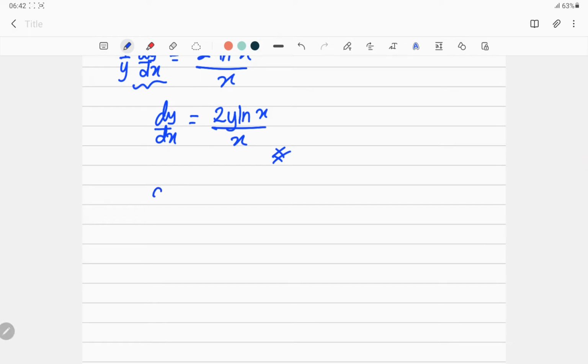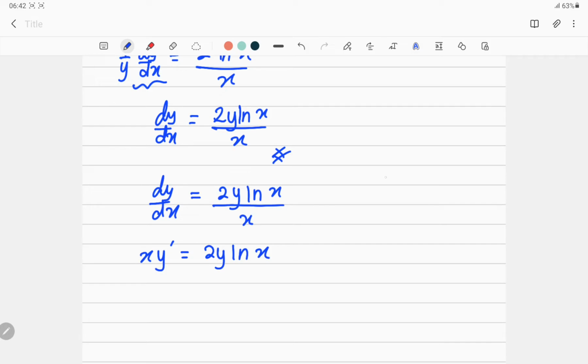Starting from dy/dx equal to 2y ln x over x, I do the cross multiply, so I get x dy/dx, which I can write as x y prime, equal to 2y ln x.